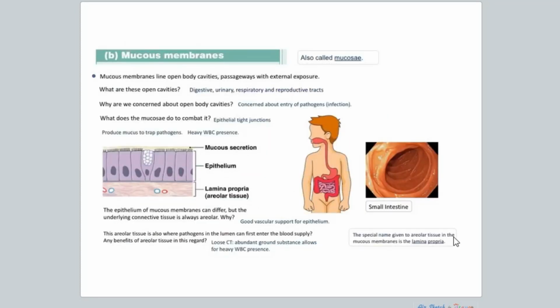Okay, so we'll start with mucous membranes here. And mucous membranes, first of all, can also be called the mucosa. If you hear the term mucosa, they're talking about a mucous membrane. So where do we find mucous membranes? First of all, mucous membranes line open body cavities. These are passageways that have external exposure. So what are some examples of these body cavities?